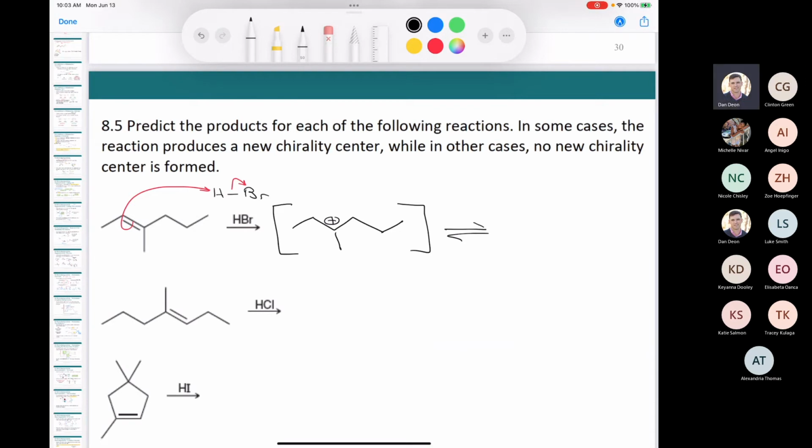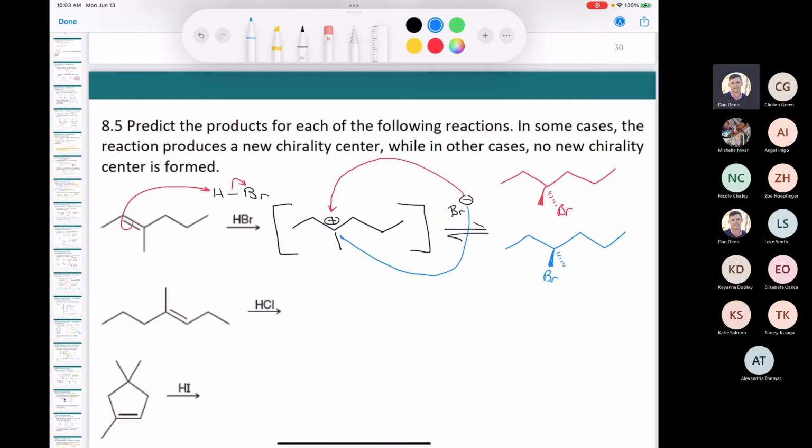So now my bromide is going to come in and do a nucleophilic attack, but it could do it from the back face of the molecule, which would give me this compound where the bromide is in the back and the methyl group is out in front. Or it could come in from the front face of the molecule like this, which would give me the bromide coming out in front and the methyl group coming in back.